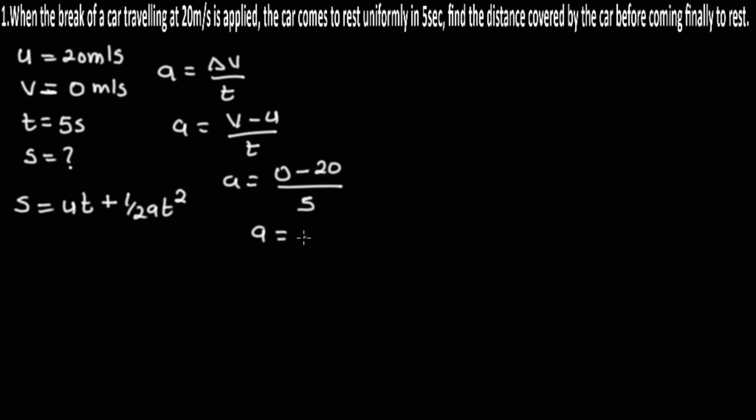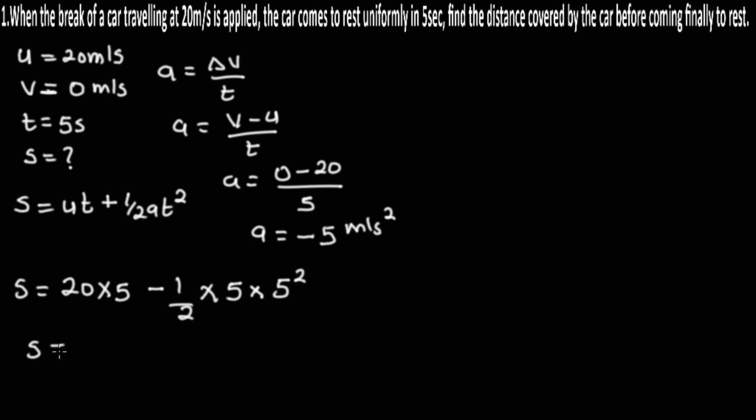So we now get acceleration as minus 5, which proves that there was a deceleration, as it finally comes to rest, 5 meters per second squared. Now we can substitute in here. s is equal to u as 20 multiplied by the time, 5, minus, since acceleration is no longer a plus sign but a negative sign, half times 5, that is the acceleration, times the time, given as 5 squared.